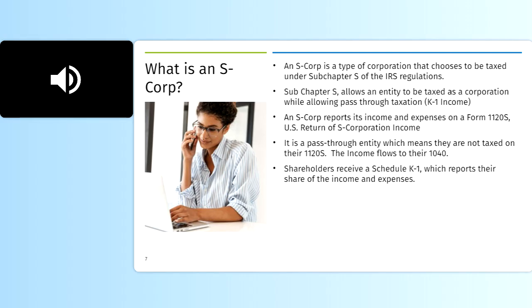If you have an inaccurate K1, it really means two things for you, and it's a problem that's going to compound upon itself. If your K1 is inaccurate, it means your 1120S tax return was not done correctly. And as a result of that, once you start flowing the data into the 1040, the K1 is wrong, so your 1040 is also wrong. So getting the K1 right is the most important bit of all of this.